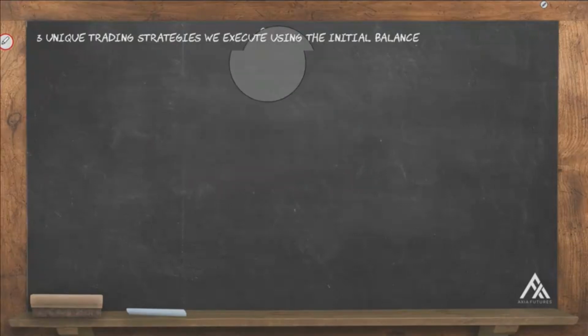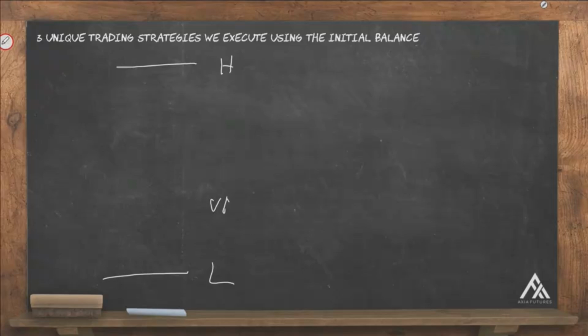The third and final strategy we would be looking at would be a failed weekly extension. So what do we mean by that? Well, as traders, we don't just look at daily profiles, we also look at weekly profiles. These weekly metrics, being the high and the low, the volume value area low and the volume value area high, are relatively key metrics in the market.